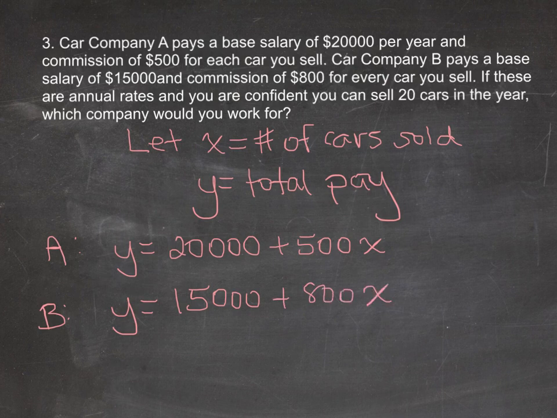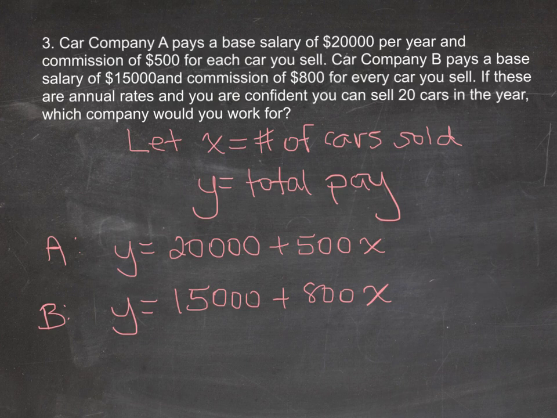Okay, so the question was asking if I think that I could sell 20 cars, which company would I want to work for? Here I said x was the total number of cars sold, so I'm going to substitute in x equals 20 into both of my equations and see which one will pay me more.